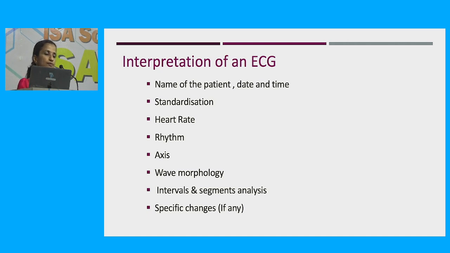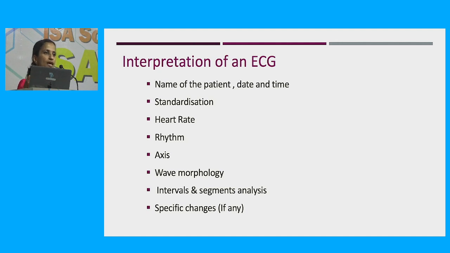Okay. Before calculating the heart rate, look at the rhythm, whether it is regular or irregular, and look at each wave morphology, whether a P wave is present for all and each P is followed by QRS, or is there any missing beat. How are the intervals, is there any widened wave, or are the intervals prolonged or shortened, and any specific change. If you go in a systematic way, you will not miss anything.